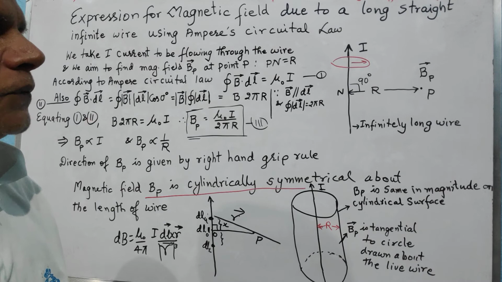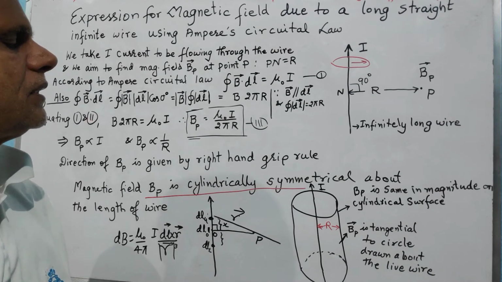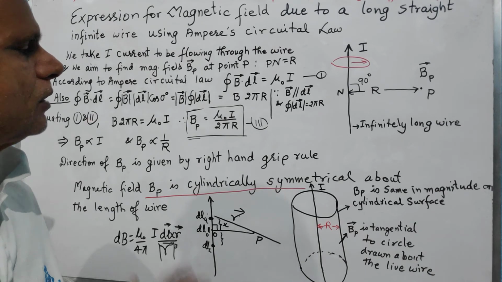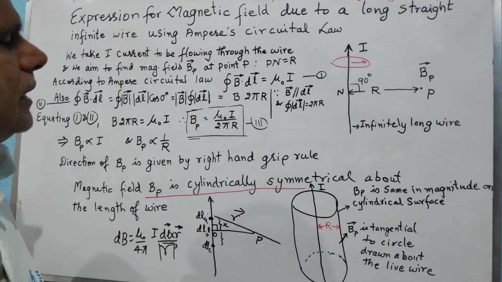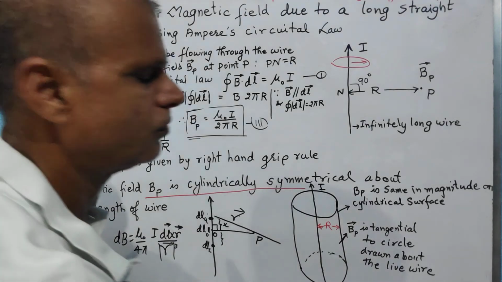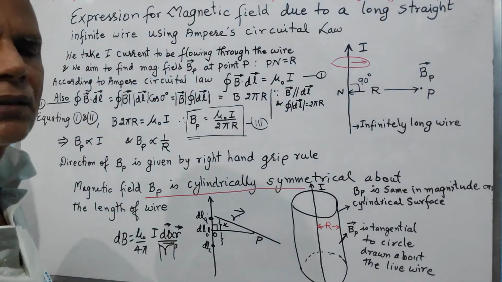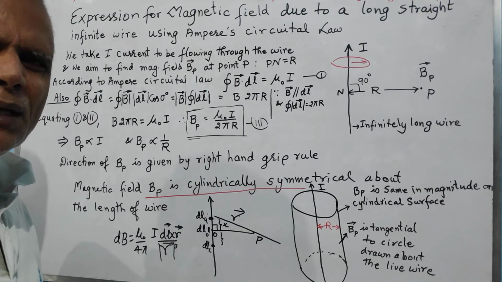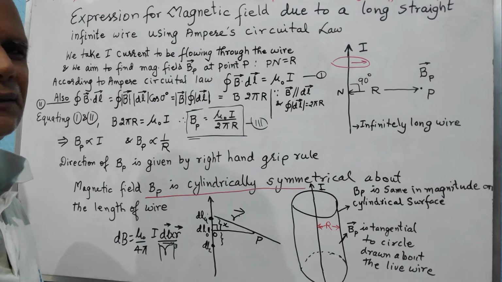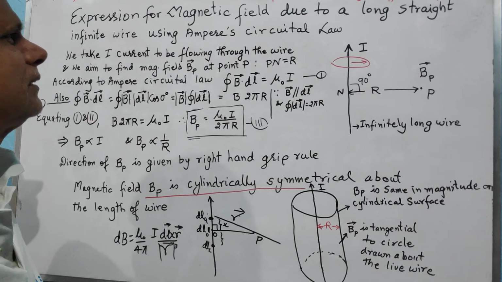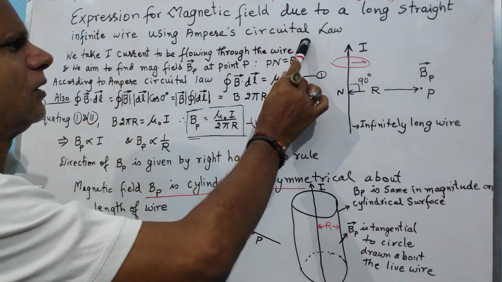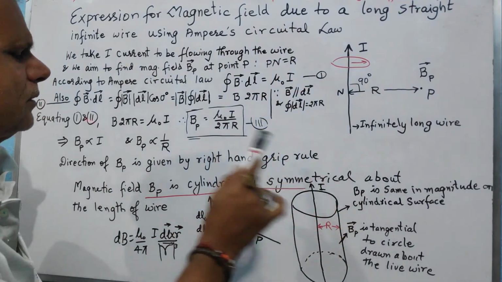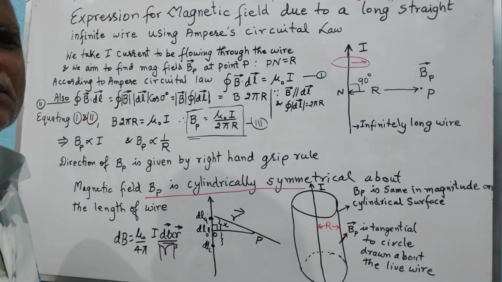And apart from this, one more important thing we can now understand is that what the Gauss law for electrostatics is to Coulomb's law for electrostatics, the Ampere circuital law is to the Biot-Savart law.